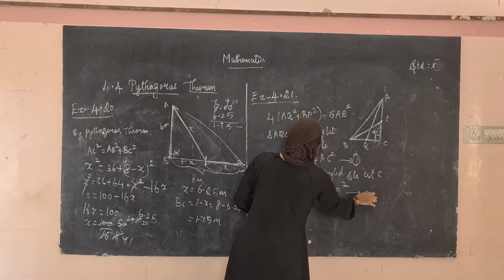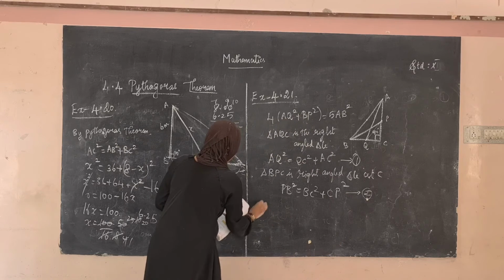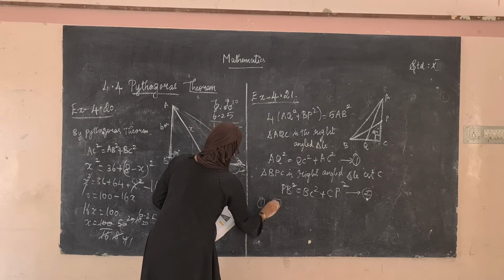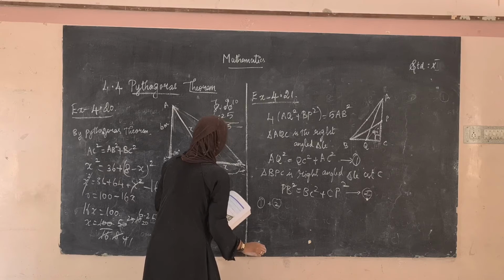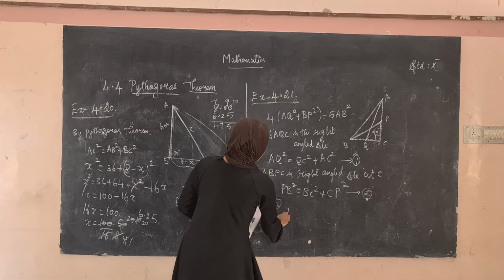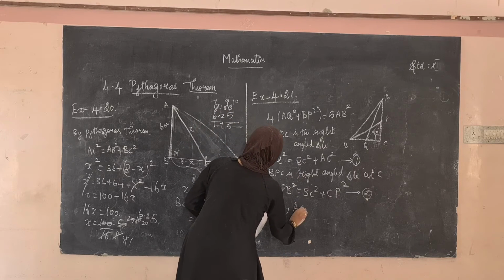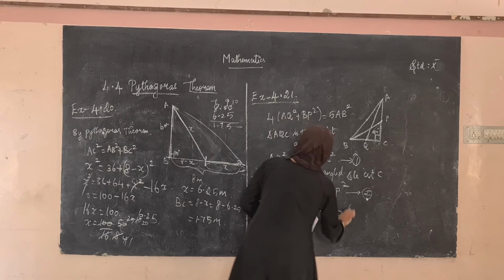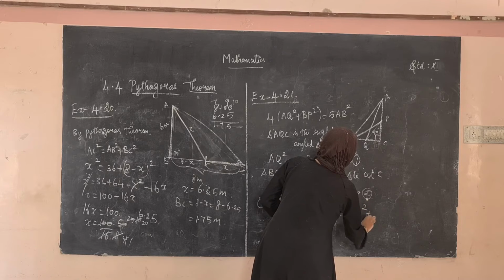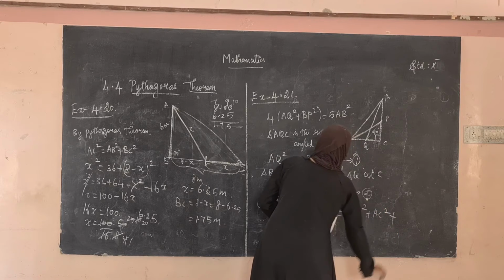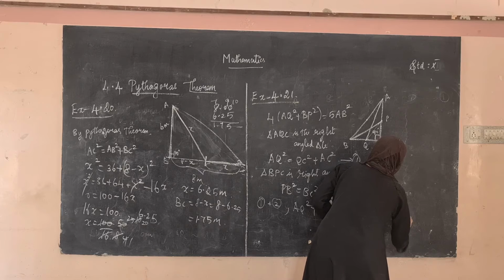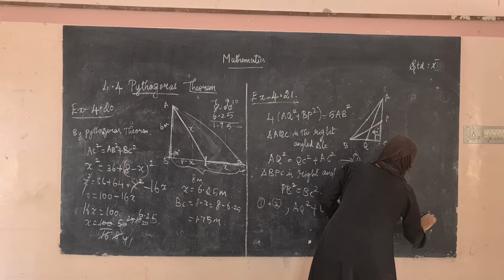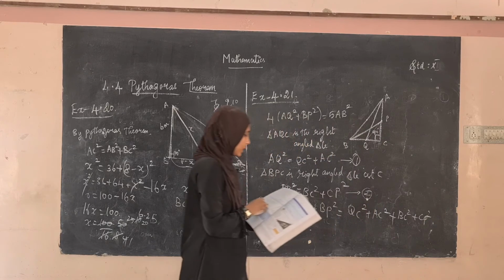Now let us take this as 2. So add 1 and 2. AQ squared plus BP squared is equal to QC squared plus AC squared plus BC squared plus CP squared. Okay, this is what we got.